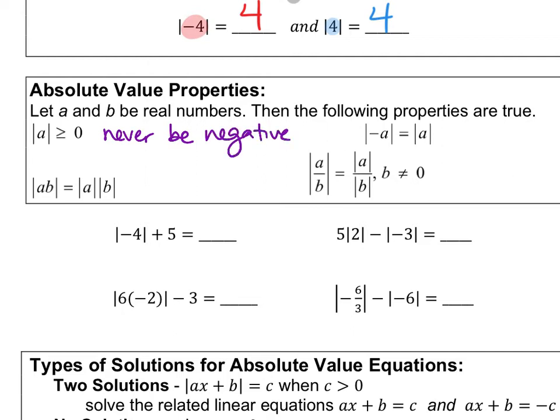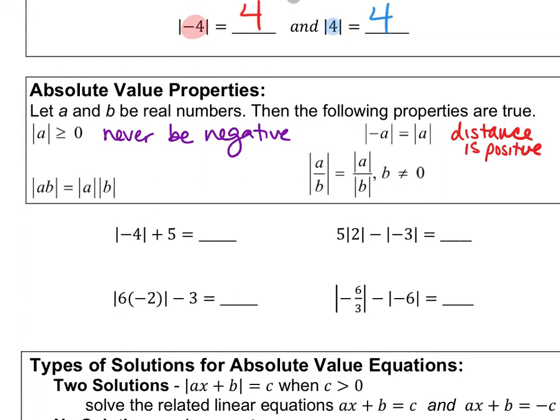Never negative, it is a positive number. The second one, absolute value of -A equal to the absolute value of A, means that distance is always positive, because the number either being positive or negative is going to give you the same number. Negative and positive versions are the same, which we showed with the -4 and 4.